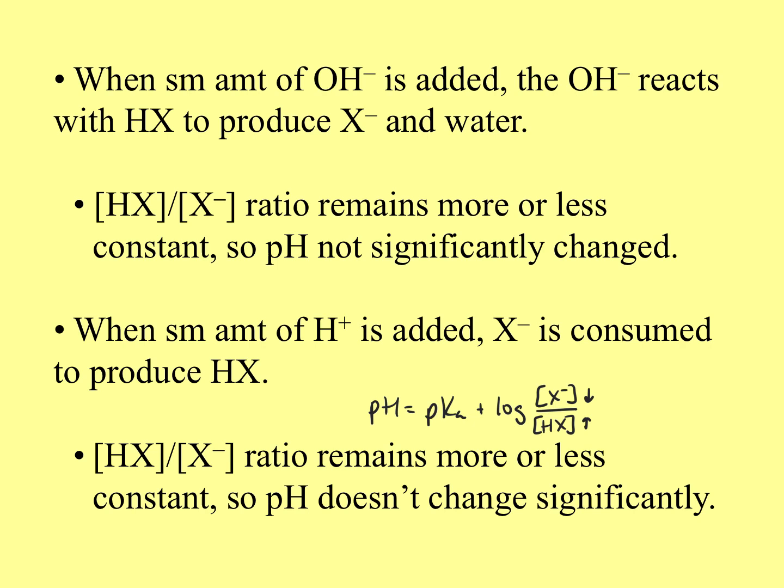So this value will be, as a result, a little smaller, but it will not have much of a big impact on the pKa. So as long as this ratio doesn't change by a whole lot, the pH will not change by a whole lot either. Okay, and you'll see some examples of that in the calculation soon.